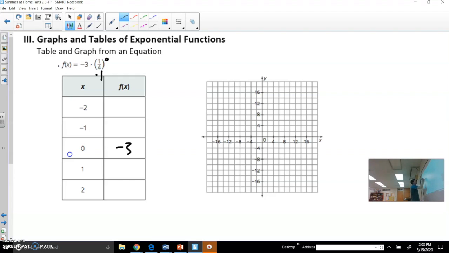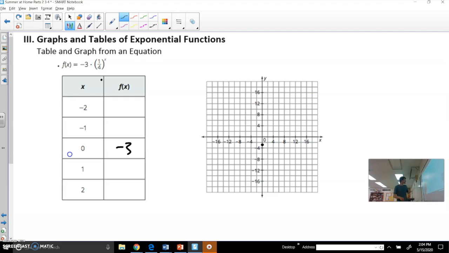And then if you multiply that by -3, you're getting out -3. So just like what we were talking about on the other slide, we had to notice that the power wasn't -1 to note that -3 was a y-intercept value, not the first term.